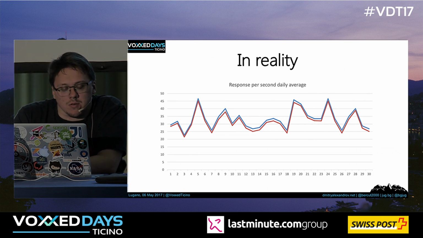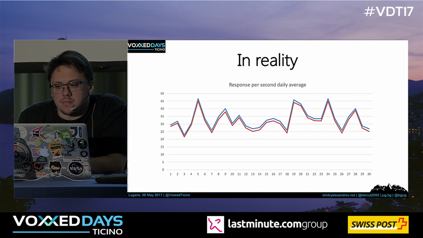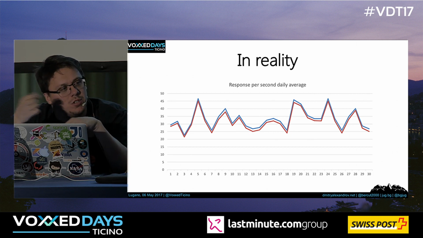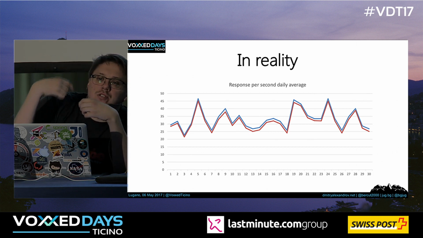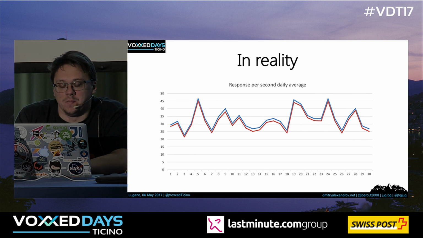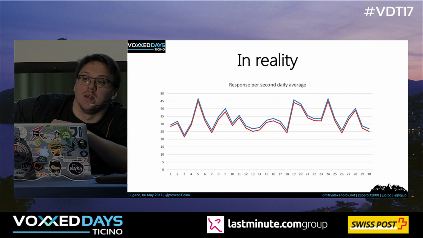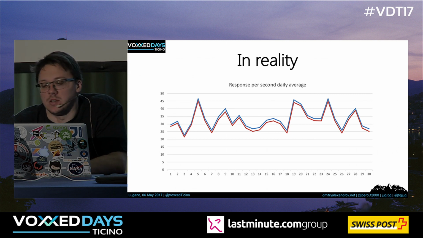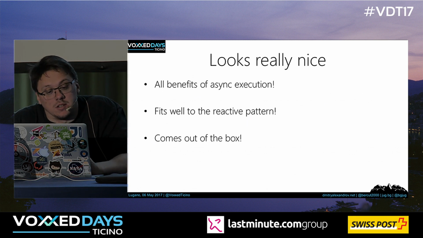And we see that during the day we can receive more responses for our job, just because of the timing between switching the threads and switching the tasks, there is no waiting, there's no blocking, so everything happens right after another, and there is no possibility for one thread to be waiting for someone and be blocked, because we are fully asynchronous in this approach. So as you see, it looks really nice. It fits the reactive pattern very nicely.